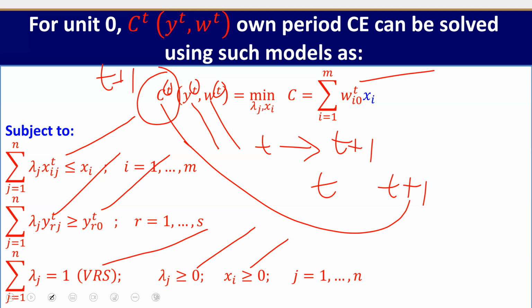And then the technology will also change to T+1. But everything else will remain as T. Doc, what about the W? Yes, thank you. The W will change to T+1. Good, you got it.